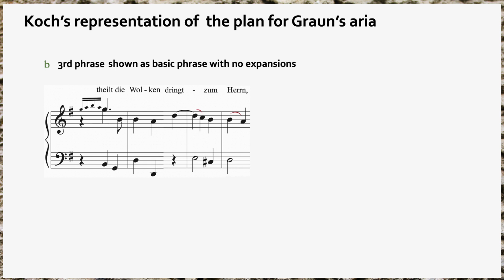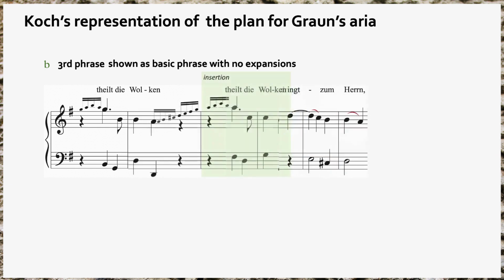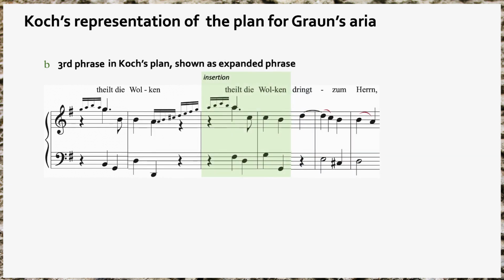But he chose not to do so here, perhaps because he felt the aria is so beautiful that he hesitated to regard any part of it as non-essential. Accordingly, Koch includes the mid-phrase insertion within his plan for this phrase, though he does omit its suffix.